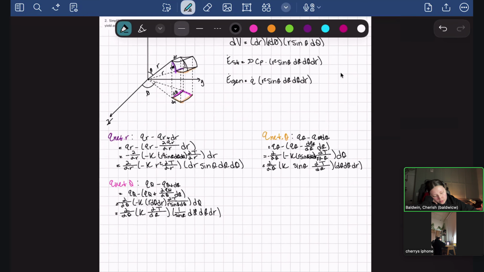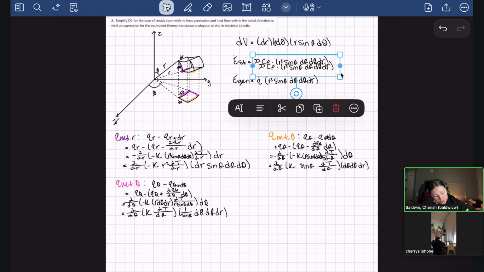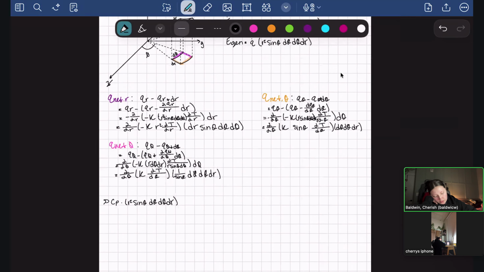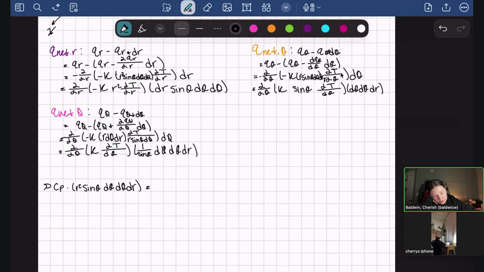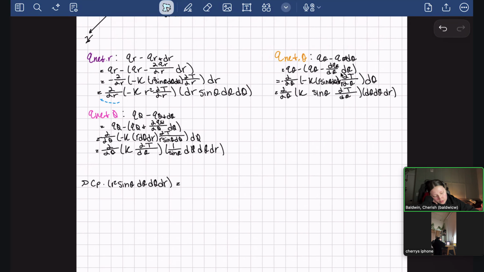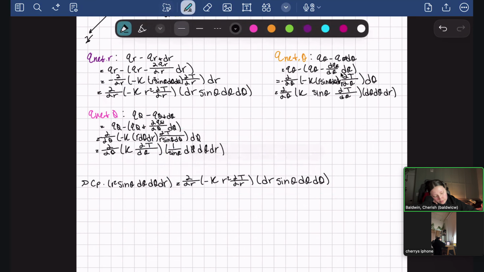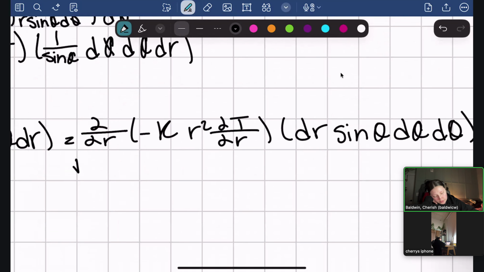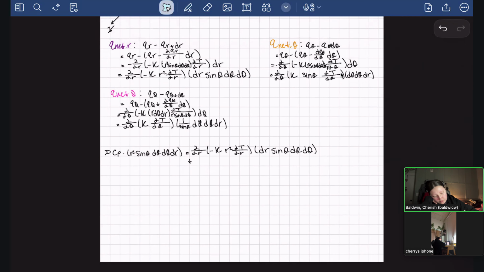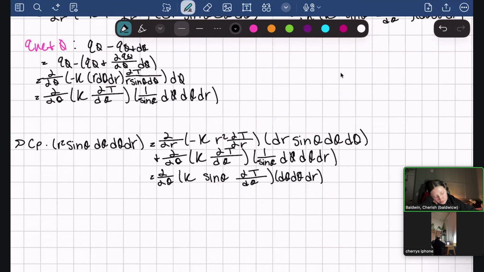So based on the energy balance, you go this is equal to Q net, which is all of these plus. All right.